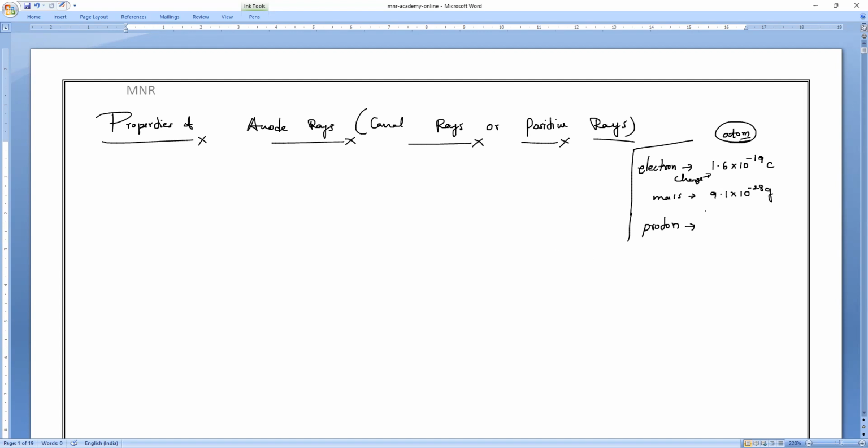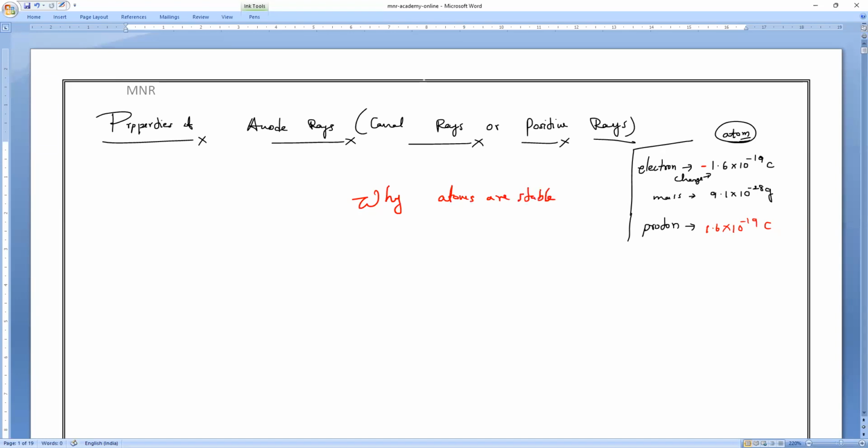Now the proton: what is the charge of a proton? Electron charge is minus 1.6 into 10 power minus 19, and the charge of a proton is a positive charge of 1.6 into 10 power minus 19 coulomb. That is the reason why the atoms are stable in nature.